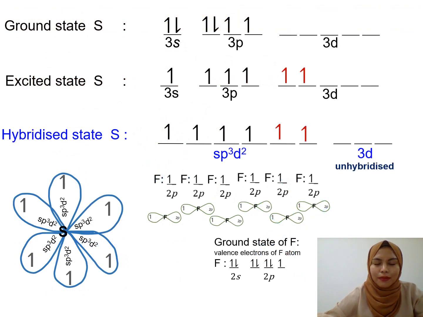After that, please lah nyatakan the ground state of sulfur, excited state, and also the hybridized state of sulfur. Okay, ground state of sulfur. Sulfur dia berada pada period yang ketiga. Okay, and also dia ada sebanyak 6 valence electron.